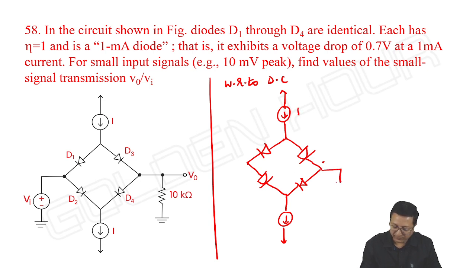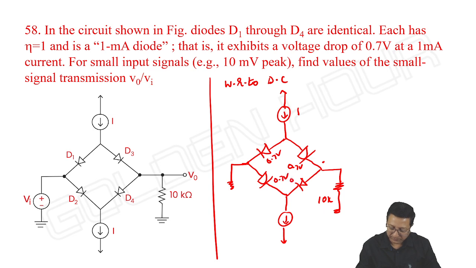Here it is given as a 10 kilo ohm resistor. And what about this one? The AC source is 0, which means it is a short circuit. Each diode is handling a voltage of 0.7 volt. So what is the current through each diode? It is 1 milliampere, and 1 milliampere plus 1 milliampere means it should be 2 milliampere.